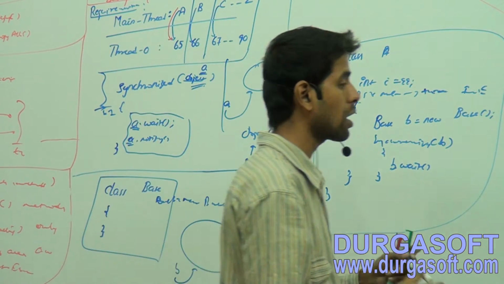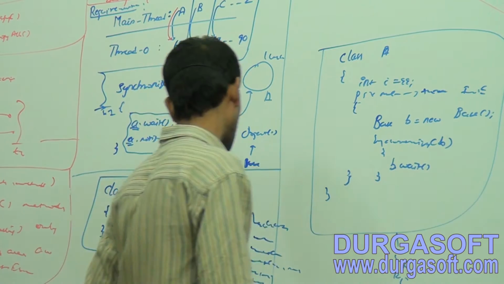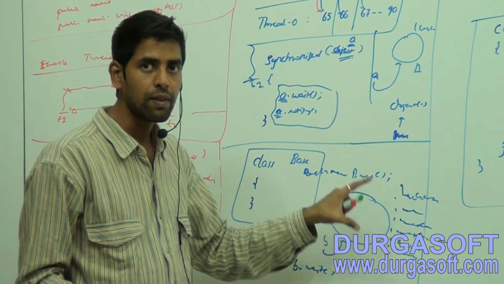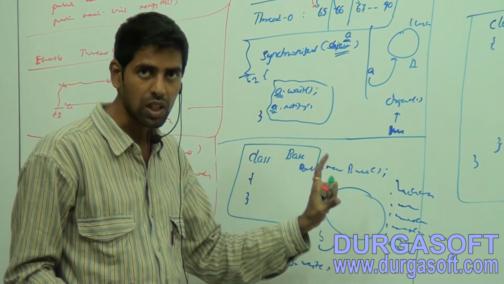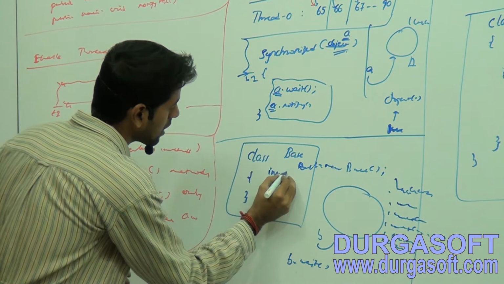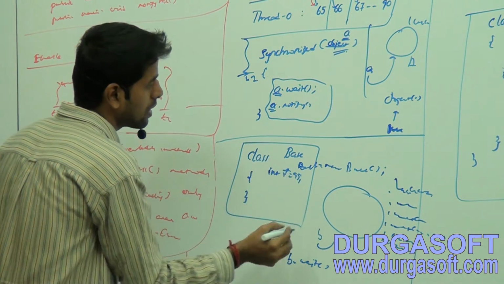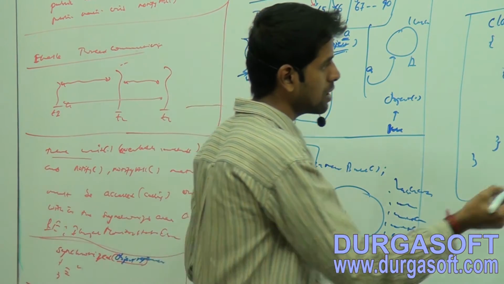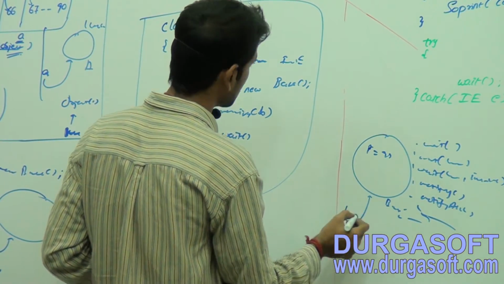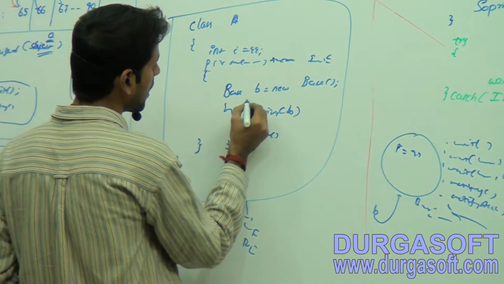Just for your confidence, without this object reference you cannot call. Definitely those methods are associated with this object, and if you have int i equals to 999 here, that will be part of this Base object.